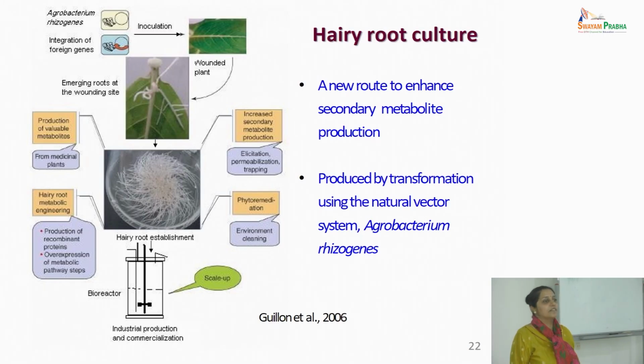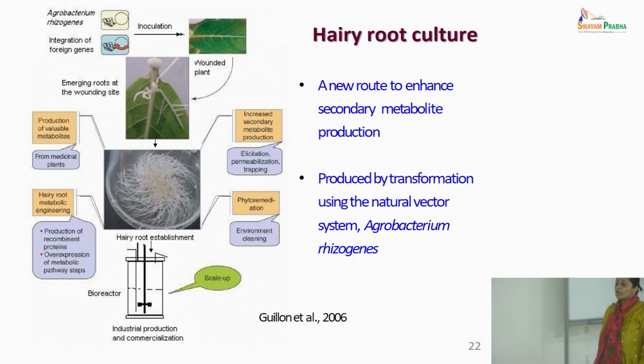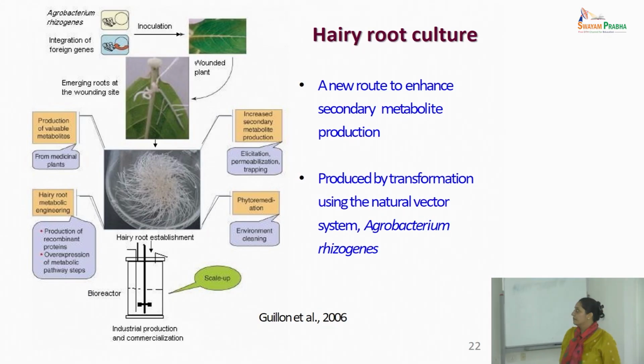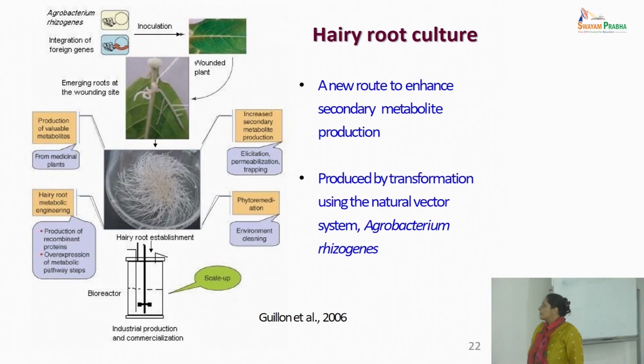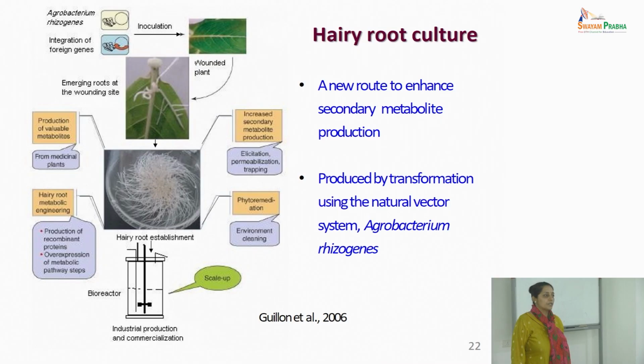One of the ways by which people have found a way to overcome the said challenges is switching to the organ culture stage. Some of the commercial entities around the world are working with hairy root fermentations now to produce the same compound which the plant is producing. Now, what are hairy root cultures? Yesterday, we were talking about them briefly. They are produced by transformation using the natural vector system, Agrobacterium rhizogenes.